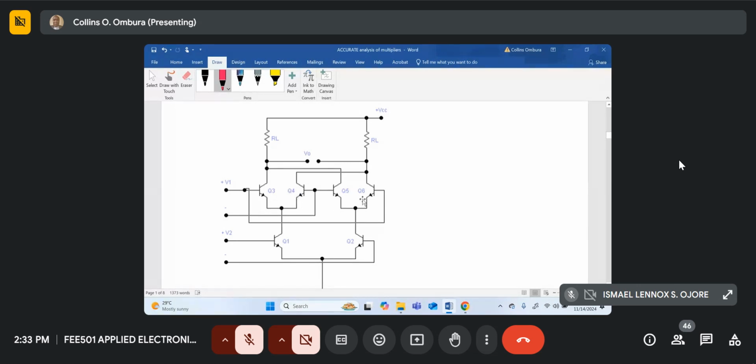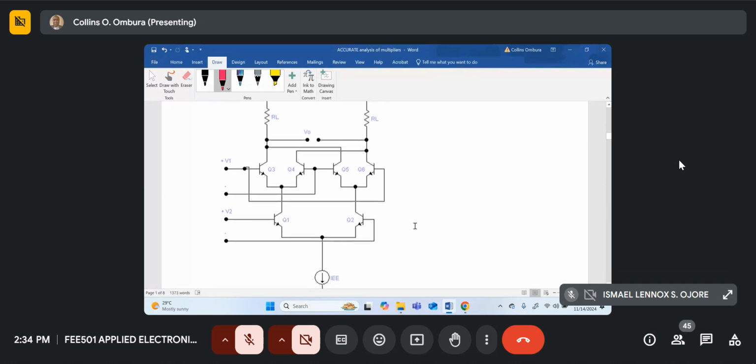And similarly, I1 is like our Q6 because it's connected to positive V1. And I2 is like the collector current of Q5. And the IEE for Q3 and Q4 will be IC1, and the IEE of Q5 and Q6 will be our IC2. So now we can start.